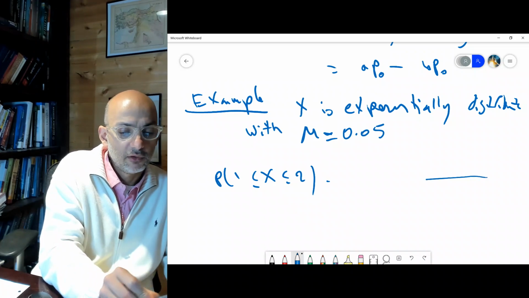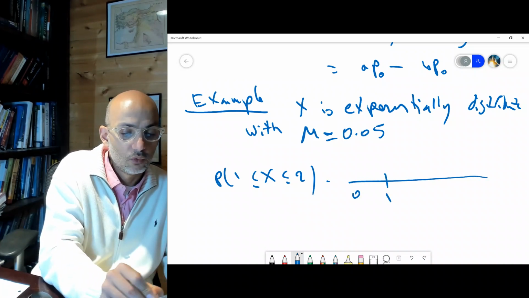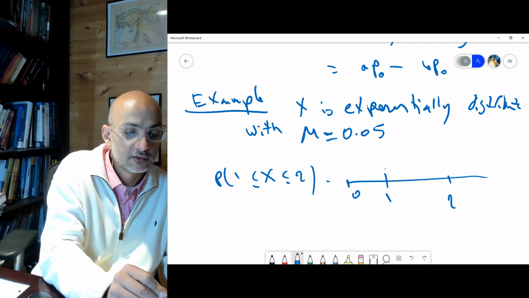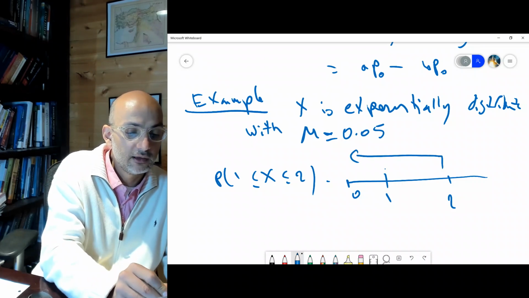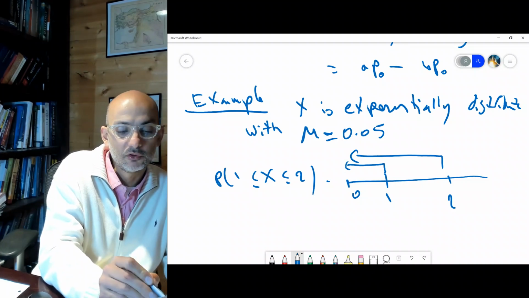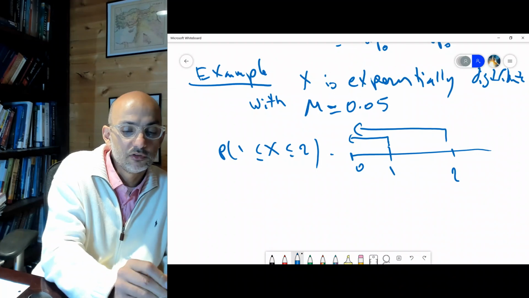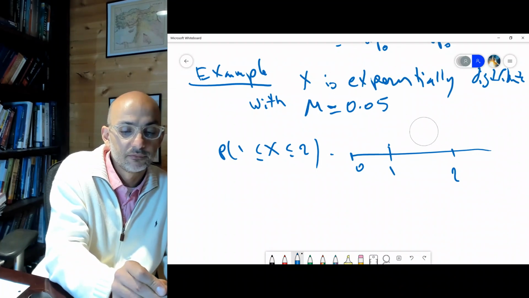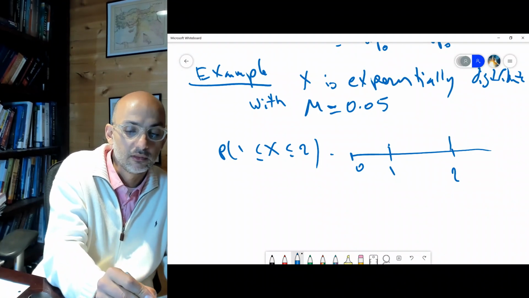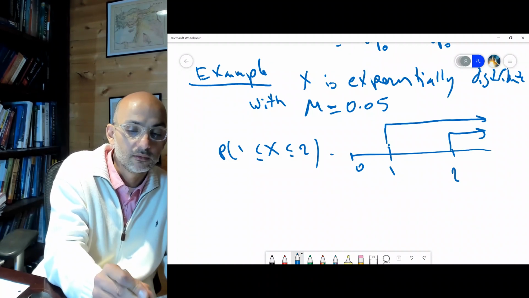And if I visualize it here, 0, 1, 2. You can calculate it by mortality happens less than 2, subtract from it mortality happens before 1. But because survival is easier to deal with in the exponential distribution, I will take this minus this.